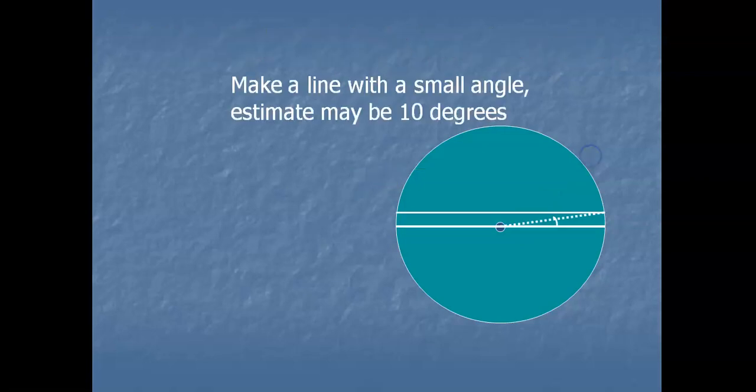I'm making a really narrow angle with the equator, and here's my imaginary line. I don't know exactly what it is, but let's guesstimate that the angle is maybe 10 degrees, or you could say 8 degrees or something like that. That's going to be the latitude at that point on Earth.